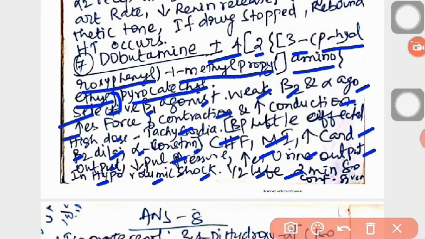See, half-life is 2 minutes. So it is given continuously, in intravenous injection. Okay, so these are the characters and uses of dobutamine.